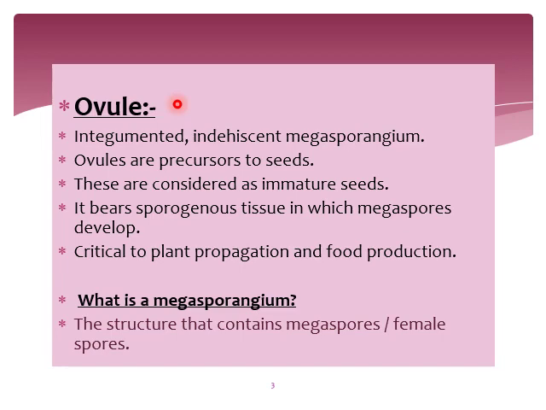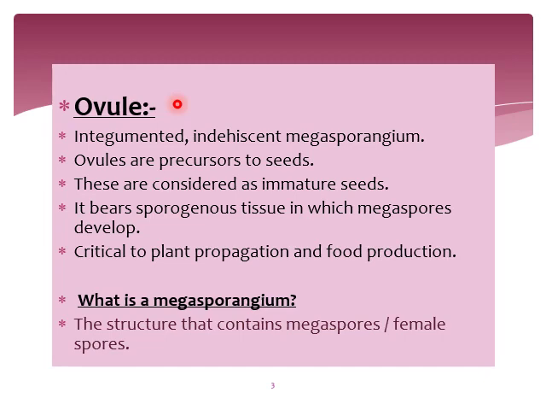We know that a fertilized ovule is known as a seed. That means ovules can be considered as precursors to seeds. These are also considered as immature seeds.